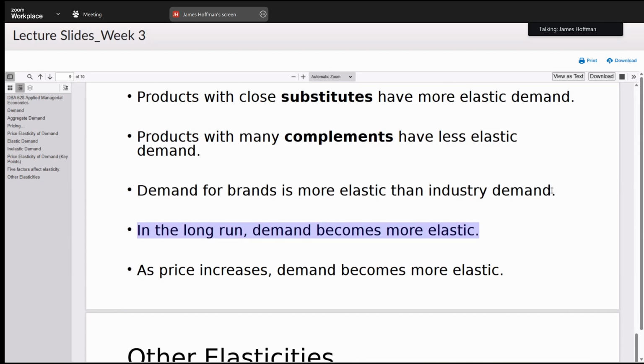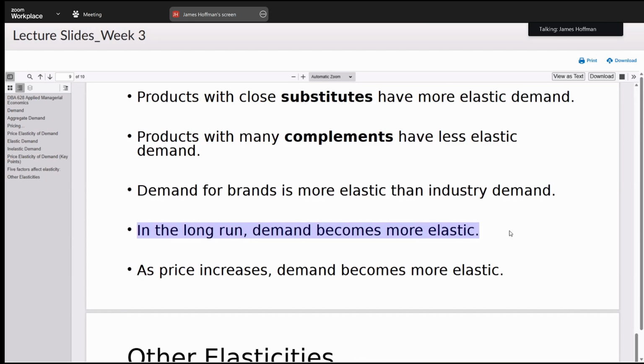A lot of consumers can make adjustments in that period, right? If you leave that price at $10 per gallon for a year, some people are going to buy electric cars. Some people are going to take the bus, some people are going to bike, some people are going to say, I'm working from home. There's going to be some behavioral changes because they can make adjustments in the long run.